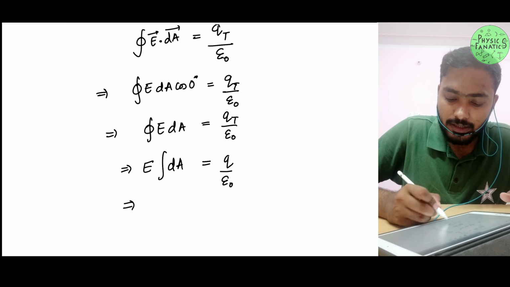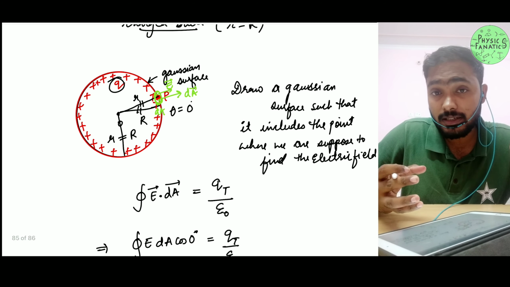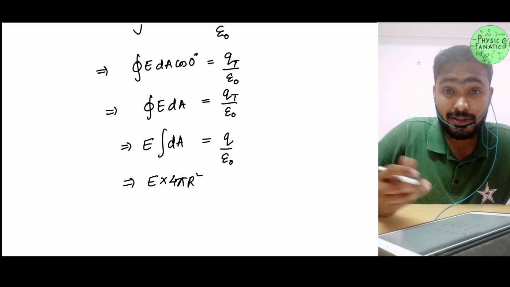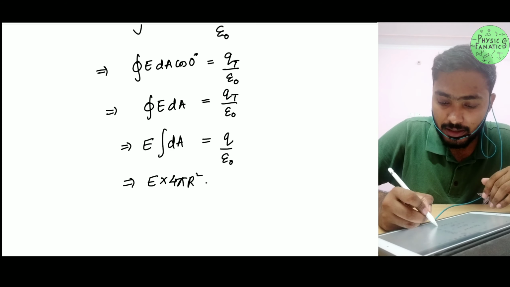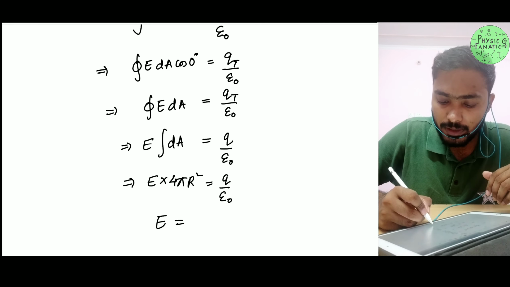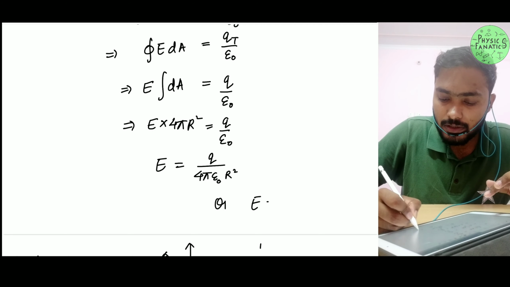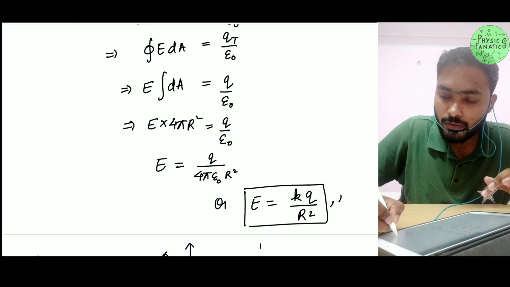Or I can write E multiplied by the area of the sphere, which is 4 pi R square, because the radius of the sphere is capital R. You can write it small r, but anyway capital R is the same. So E equals Q upon epsilon naught 4 pi R square, or the electric field comes out to be Q upon 4 pi epsilon naught R square, or I can write E equals KQ upon capital R square, radially outward.